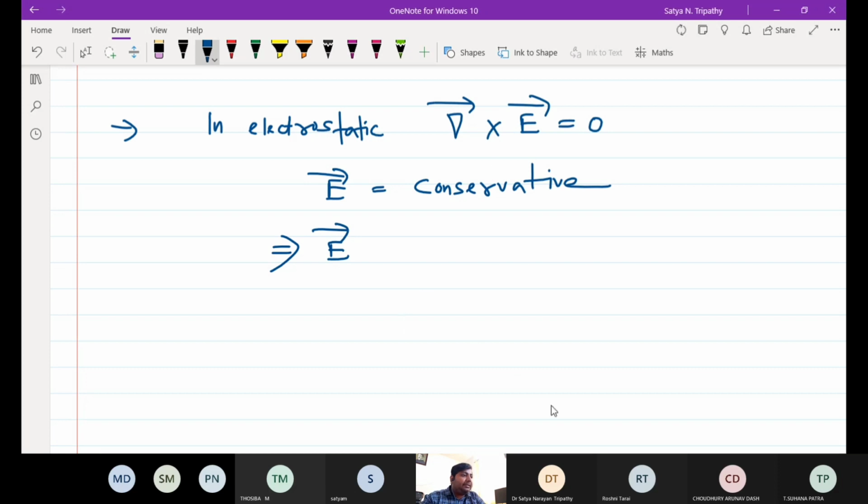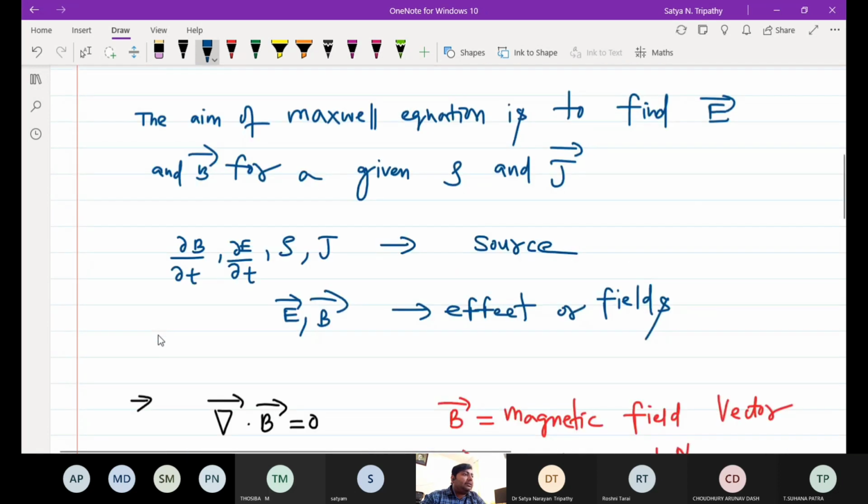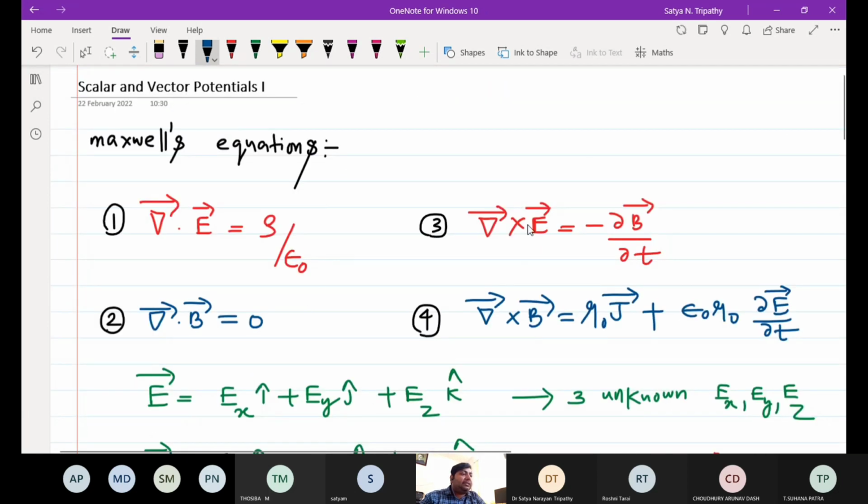Now I can express E as the negative gradient of some scalar function V.